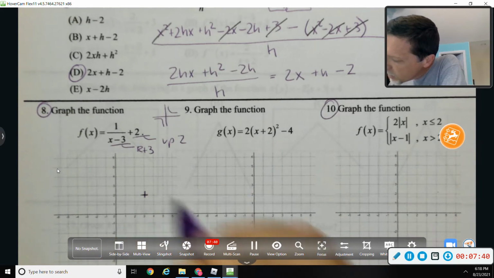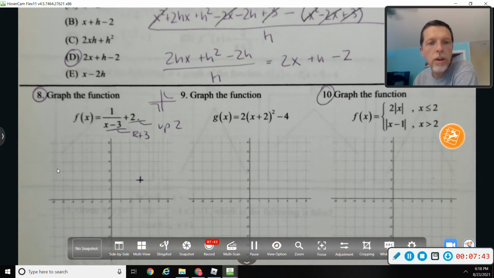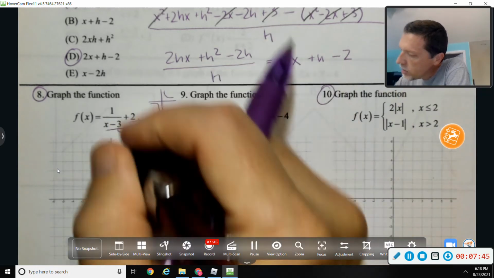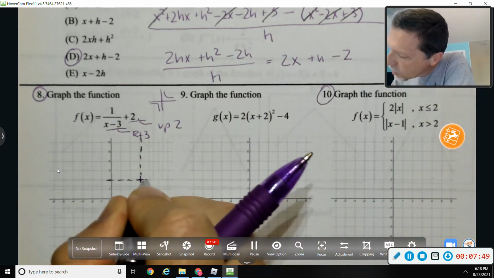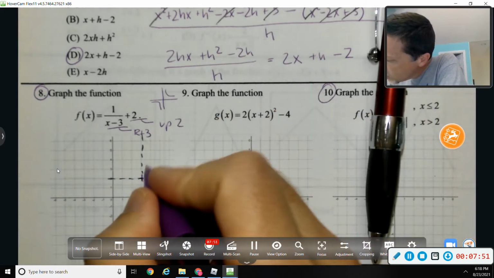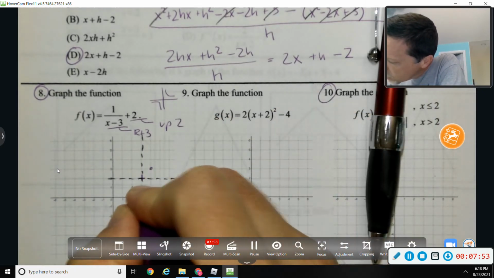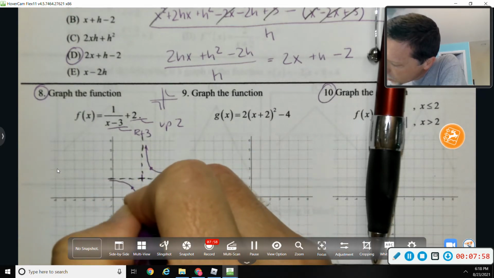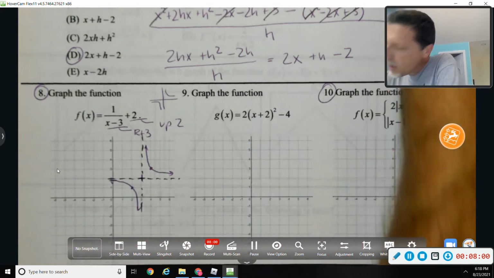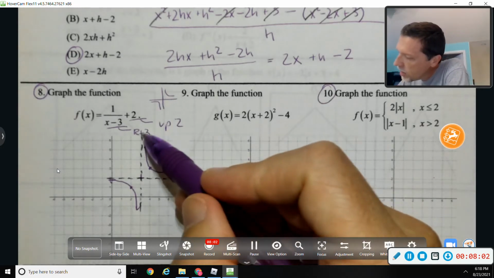So there's my new origin, my new starting point. And I know that there are asymptotes there for this particular graph. And the key points are 1, 1. So there's my new function that's been moved right 3 and up 2.